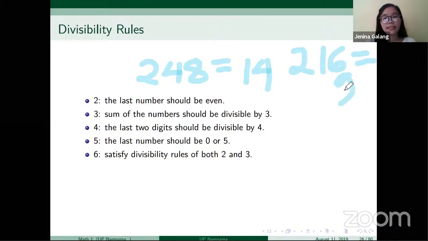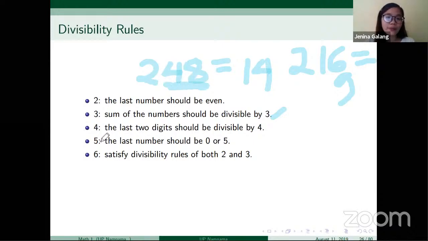And since 9 is divisible by 3, then 216 is divisible by 3. And for 4, the last two digits should be divisible by 4. For example, yung sa 248, yung last two digits natin here is 48, which is divisible by 4. Hence, 248 is divisible by 4.